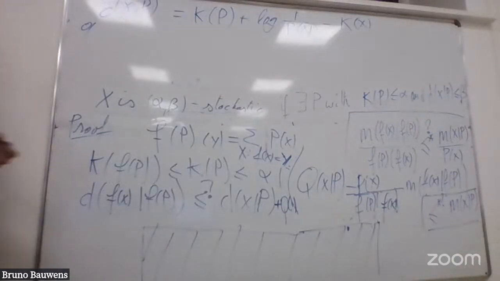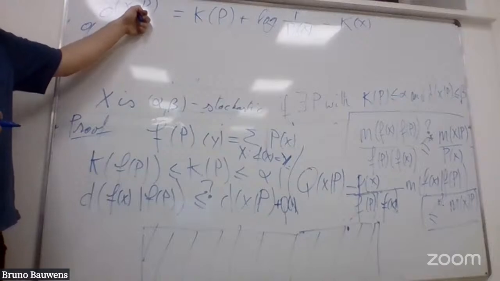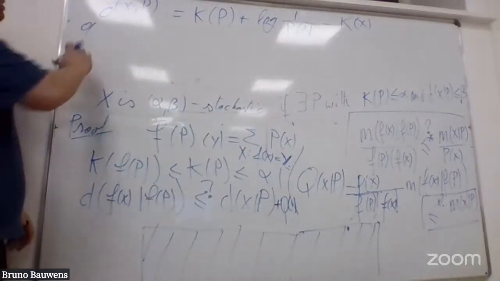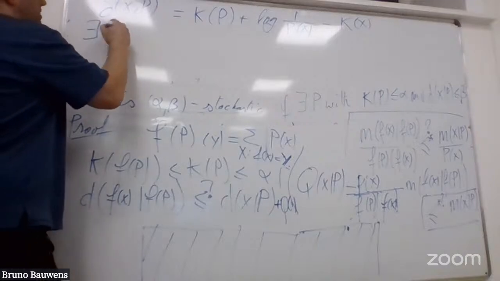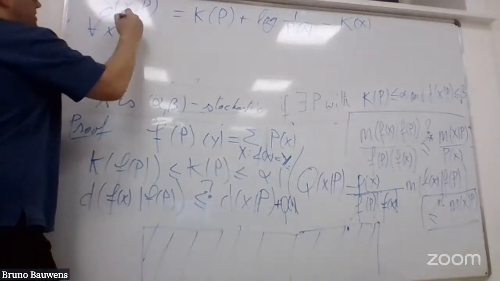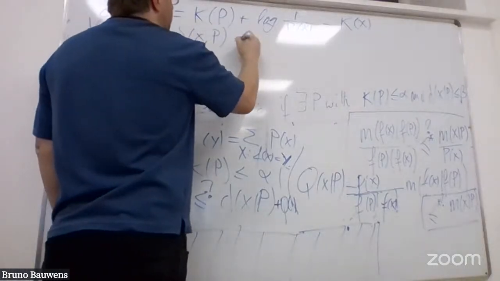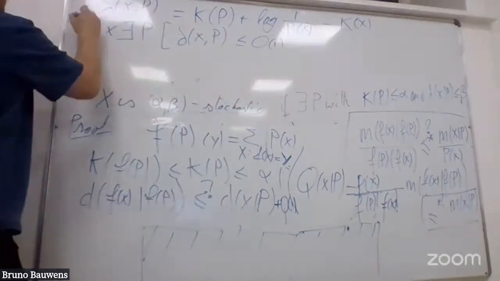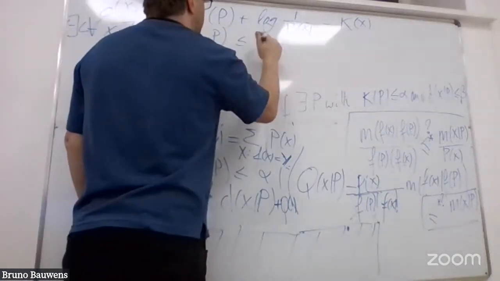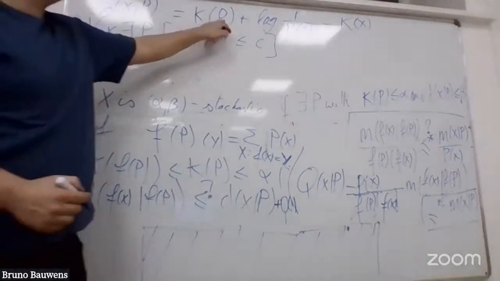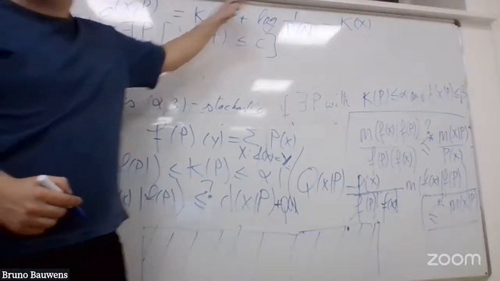And so for every x, there exists a measure P for which optimality deficiency is 0. So the claim is that for every x, there exists P such that optimality deficiency is bounded by O(1). Okay, you can say there exists C like this. And this is the singleton model, just a model that assigns all probability to x, it will satisfy this property.